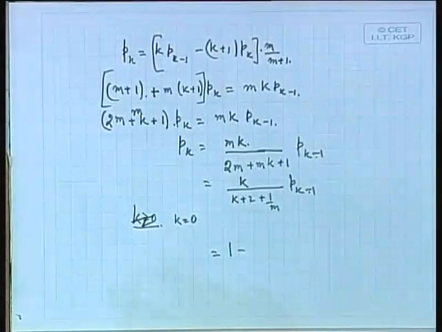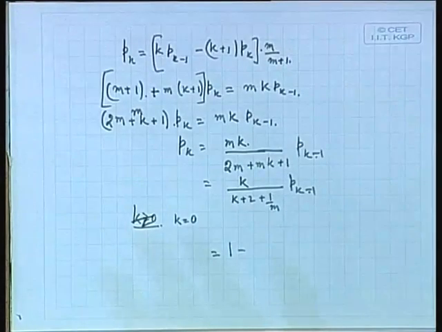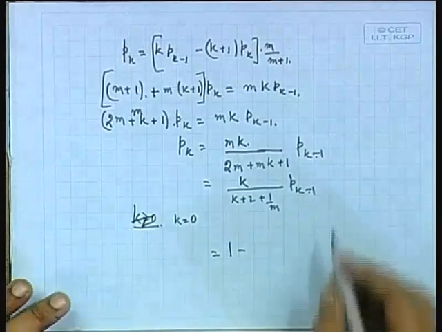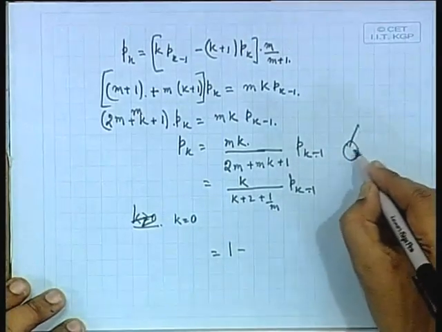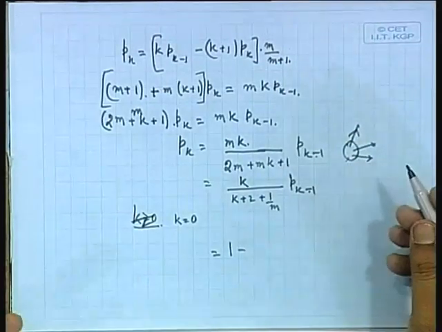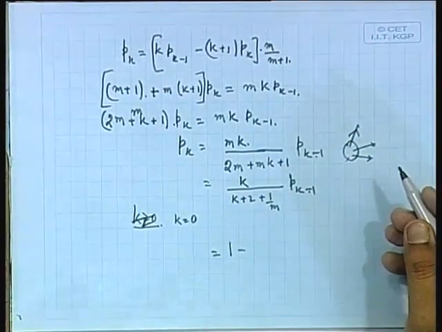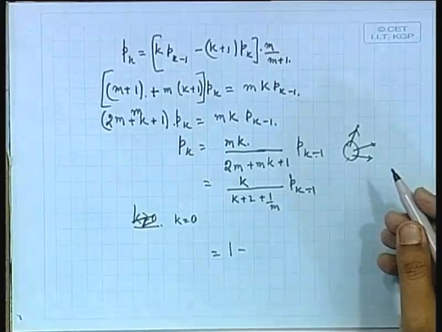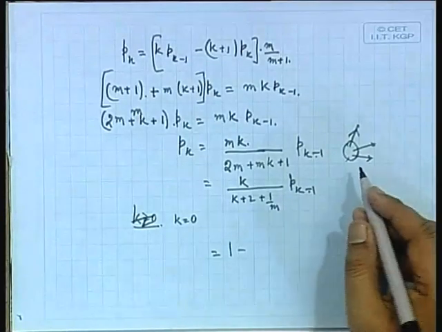Only the new node which is coming has k is equal to 0. It has no in degree. Am I clear? So this is one. Think that the new node is coming with all out degrees, but nobody is still pointing to it. So for k is equal to 0, only one is added, and which is added? The new node.